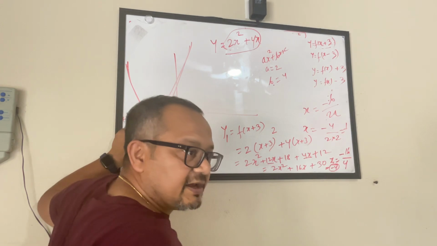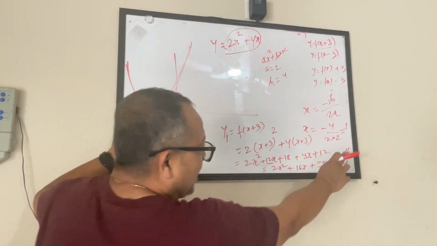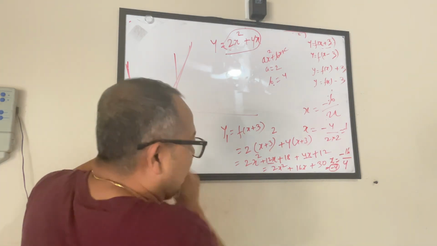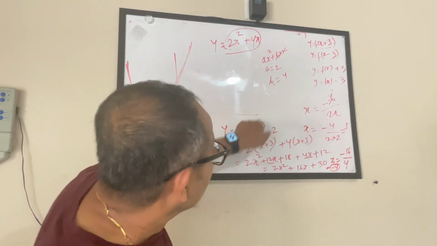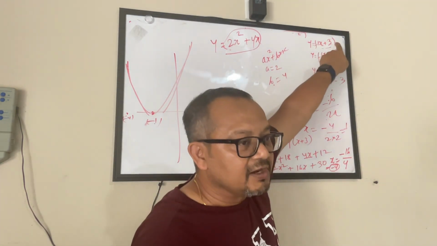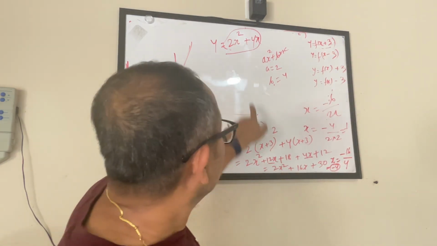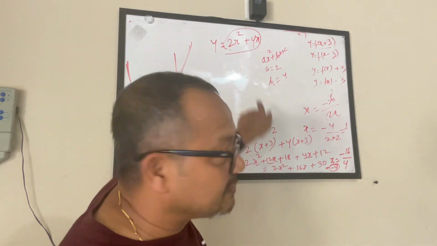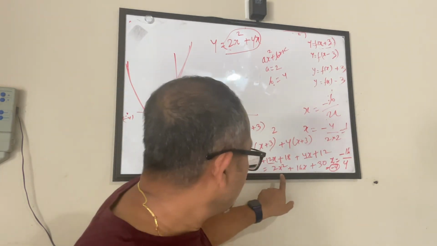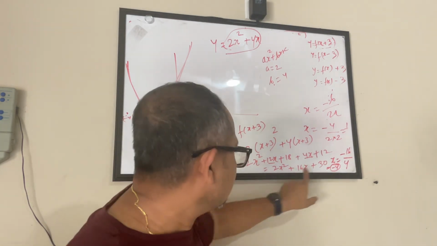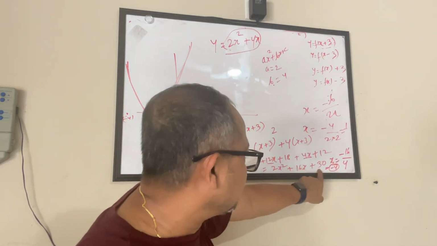It's minus 1, so it's somewhere here. Now, what will happen if I change the function from a function of x to a function of x plus 3? I replaced x with x plus 3 everywhere. It became an equation like this: 2x squared plus 16x plus 30.